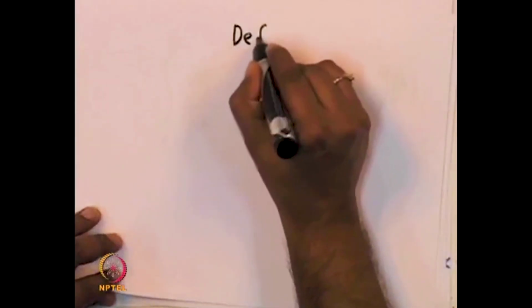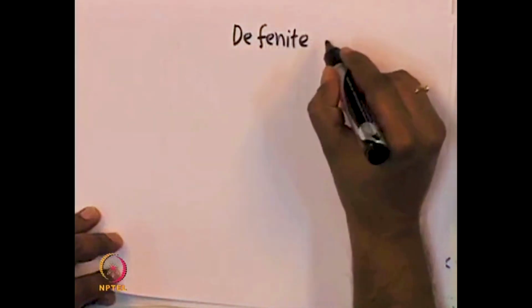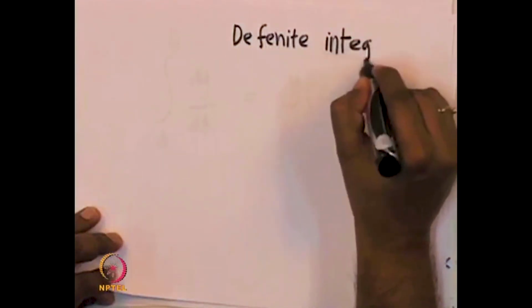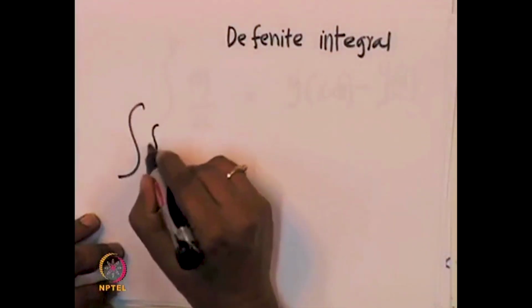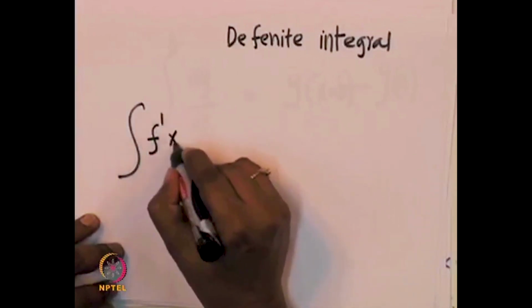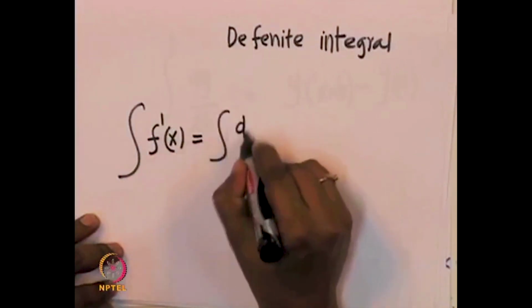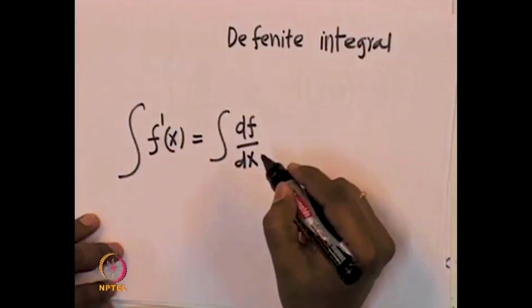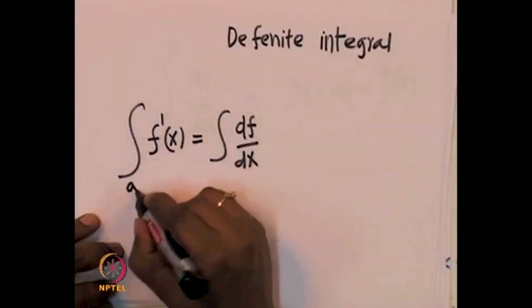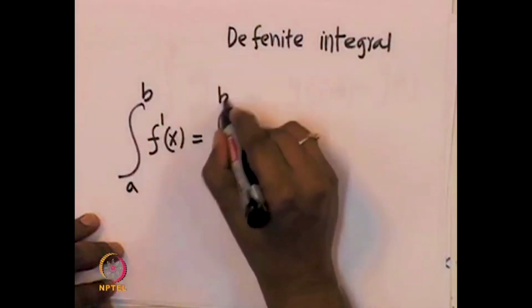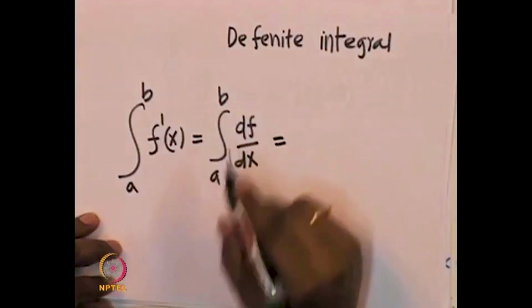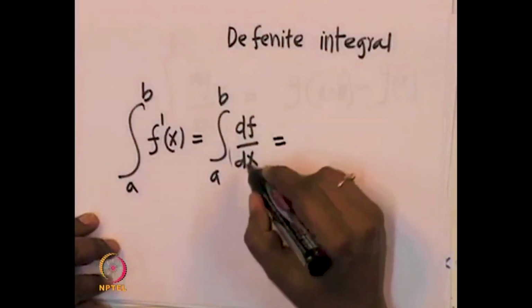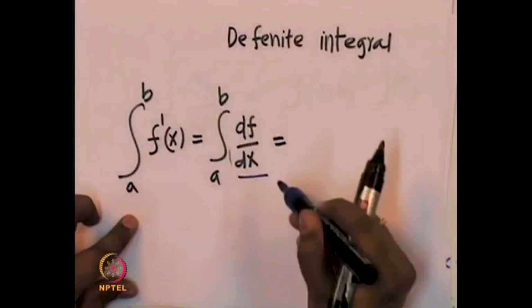So, the next rule of definite integration: the technique of calculating a definite integral is the following. If you want to calculate the definite integral of some function f prime of x, which is df by dx, between 2 points A and B, first find the integral of this function df by dx like we did before.